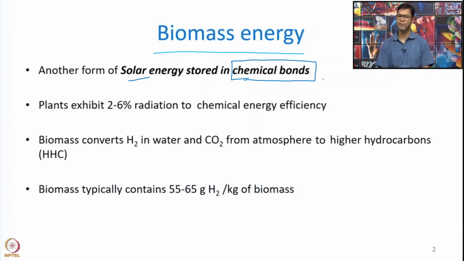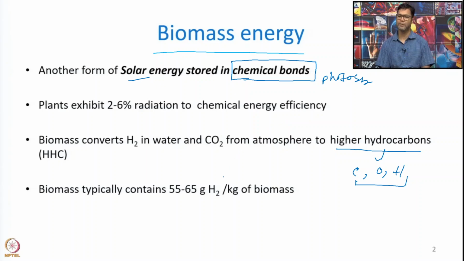In the photosynthesis process, the solar energy is absorbed, the reactions occur, and it produces glucose. This glucose is biomass. This is very simple. This glucose is biomass, or in other words, a hydrocarbon. Glucose contains carbon, oxygen and hydrogen.